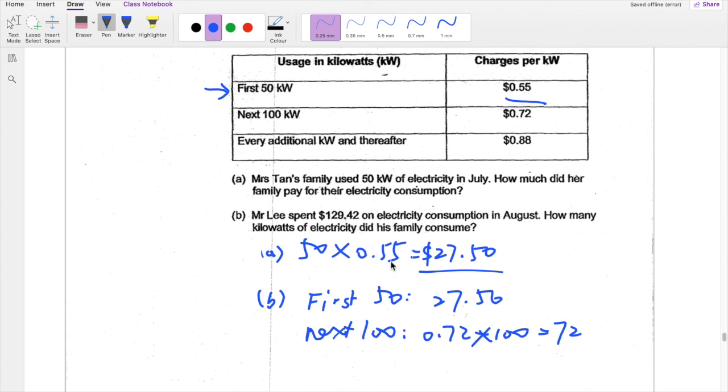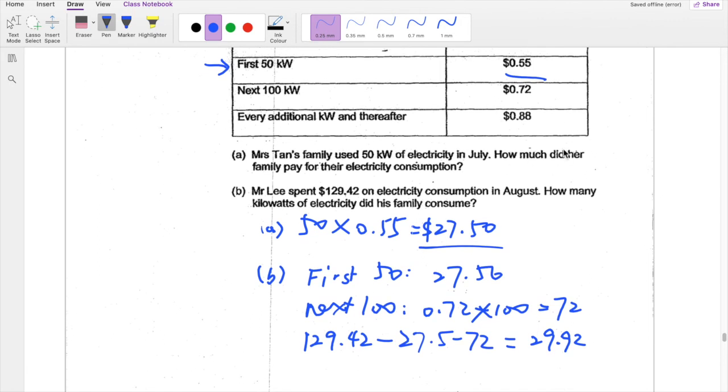It means that the family used some additional kilowatts, right? When we do that, we can calculate the total fee of the extra ones. So minus 27.5 minus 72, we get 29.92. This is the total fee paid for the additional kilowatts.